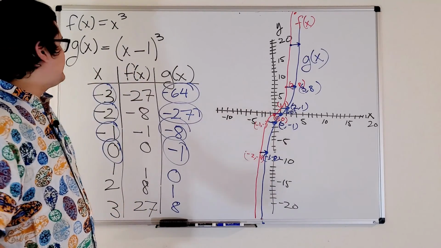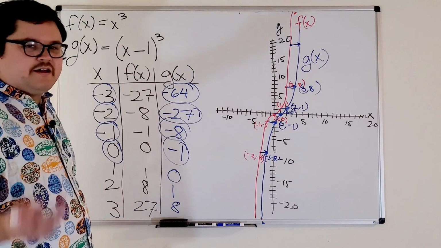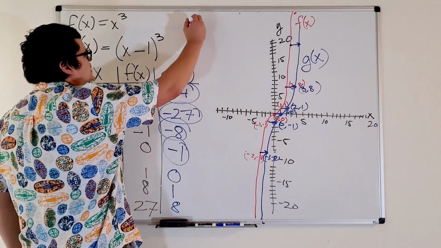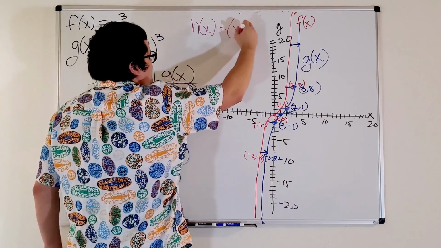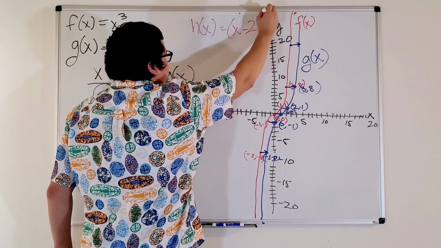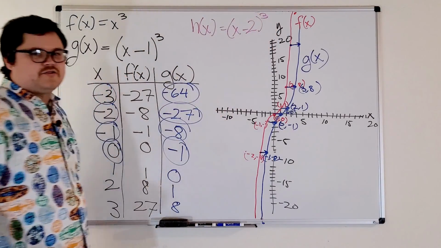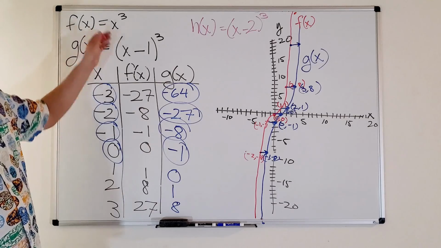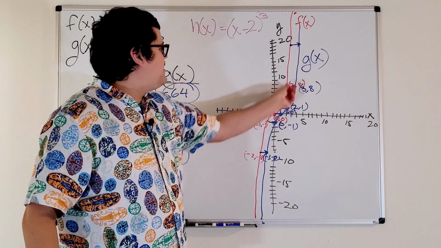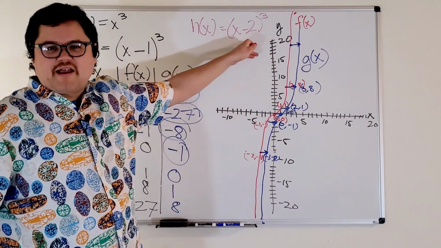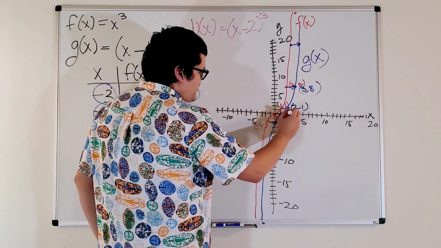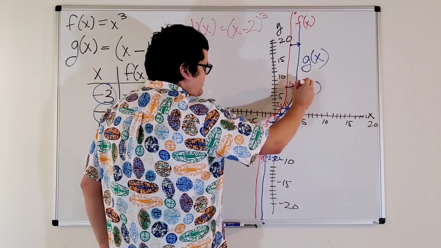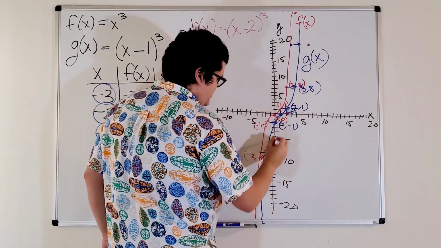Okay, so imagine we had, again, some more functions. Let's say we had h of x is (x minus 2) cubed. So we look at the parent function, the red one, and we have a minus 2, that's a right by 2. So instead of moving it right by 1, we'd be moving all these points right by 2.